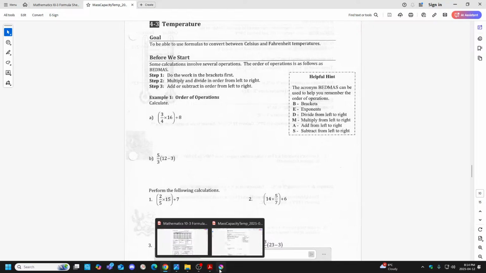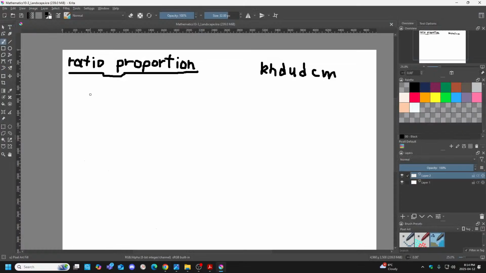Okay, 3/4 times 16 in brackets. Let's just do some practicing. 3/4 times 16. If I recall, it's plus 8. I'm going to use up all the space.